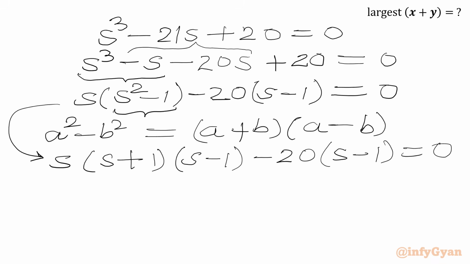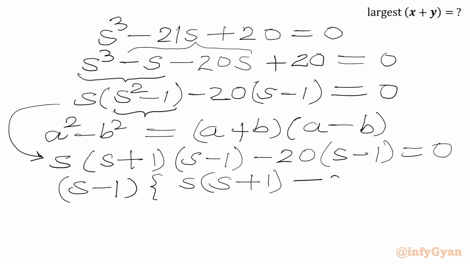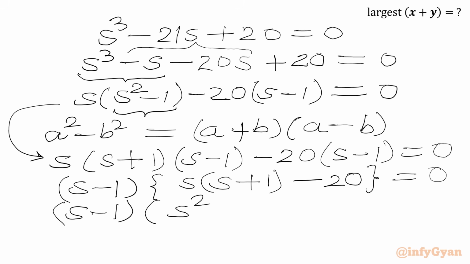Now S minus 1 is common. So we can take S minus 1 common out. So in the other bracket, we are going to write S times S plus 1 minus 20 equal to 0. Now we can write S minus 1 times S square plus S minus 20 equal to 0.